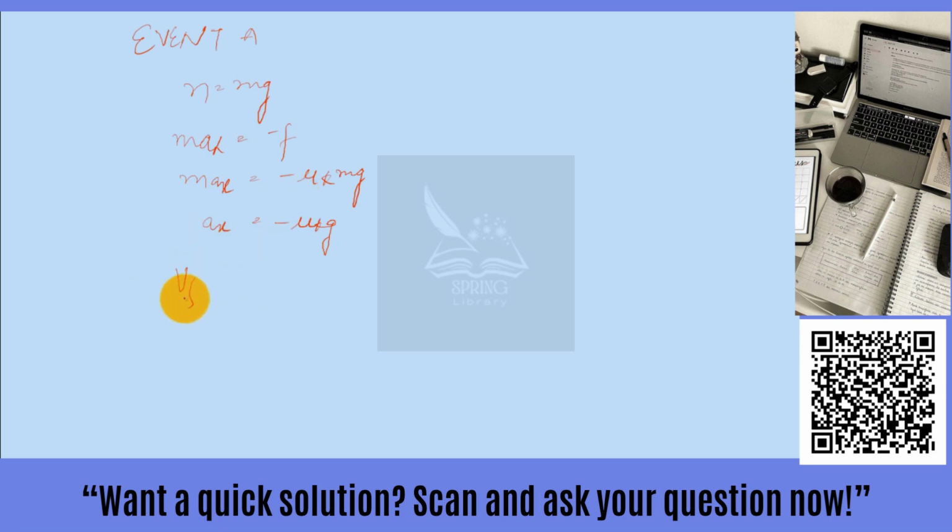Hence, vfx squared is equal to v naught x squared plus 2ax delta s. Hence, v naught x squared is equal to vfx squared minus 2 times minus μk g into delta s.